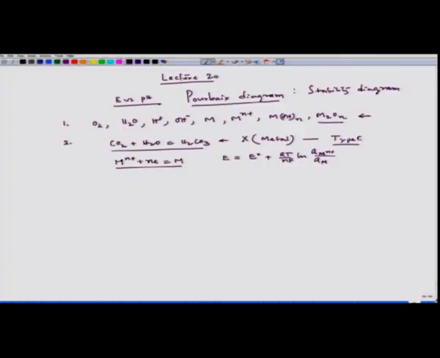But this reaction does not involve any H plus ion, so the pH would have no effect.